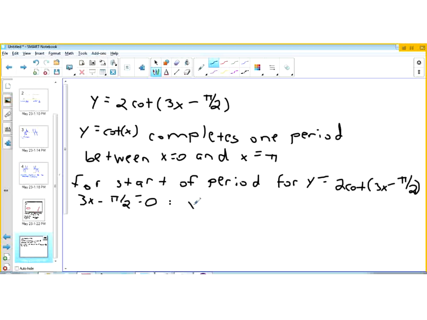So that means x equals pi over 6 would be the start of the period.